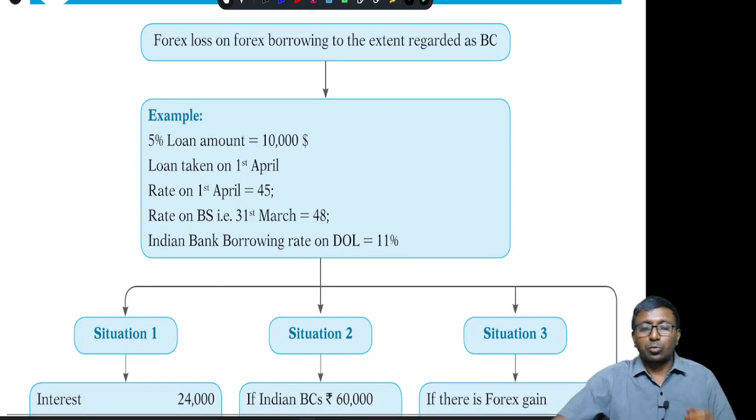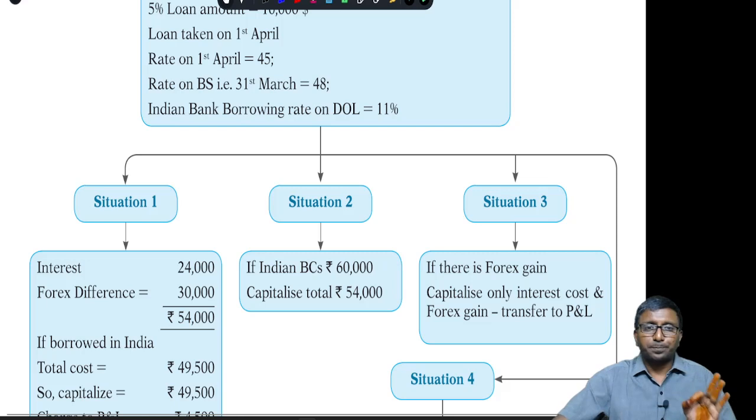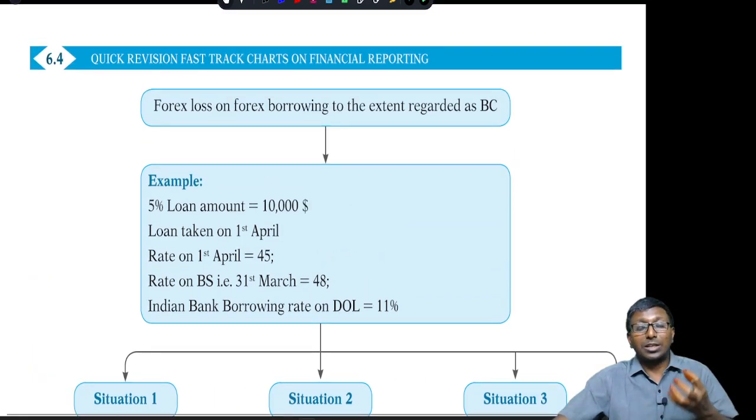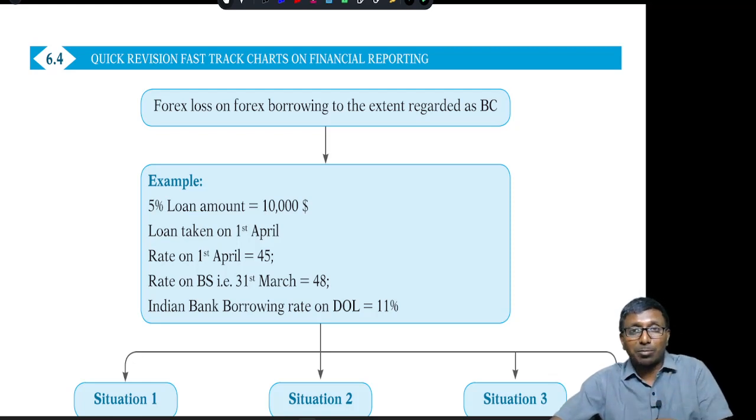This is the last point of the standard, that is foreign exchange loss on the foreign currency borrowing, to the extent it is regarded as borrowing cost. Situation number 1: we have to assume that we have taken an Indian borrowing. What would have been my borrowing cost if I had taken the Indian borrowing?